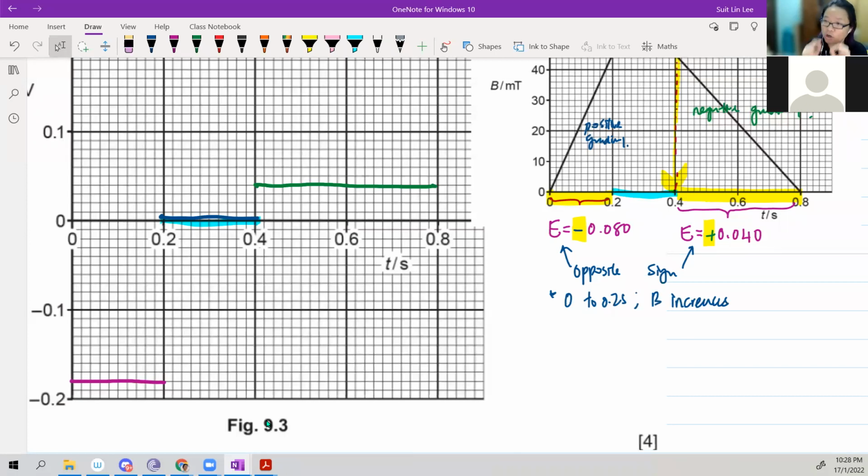The nature of the change is opposite. From 0.4 to 0.8, B decreases. So because the nature of the change is different, if one is positive, the other will be negative. CIE really don't care. I'll show you the mark scheme later. Okay. This is one way to look at it.